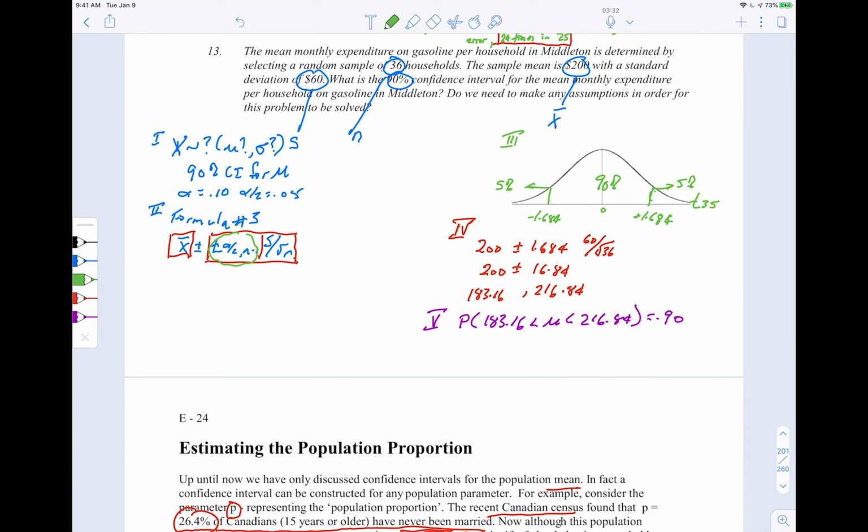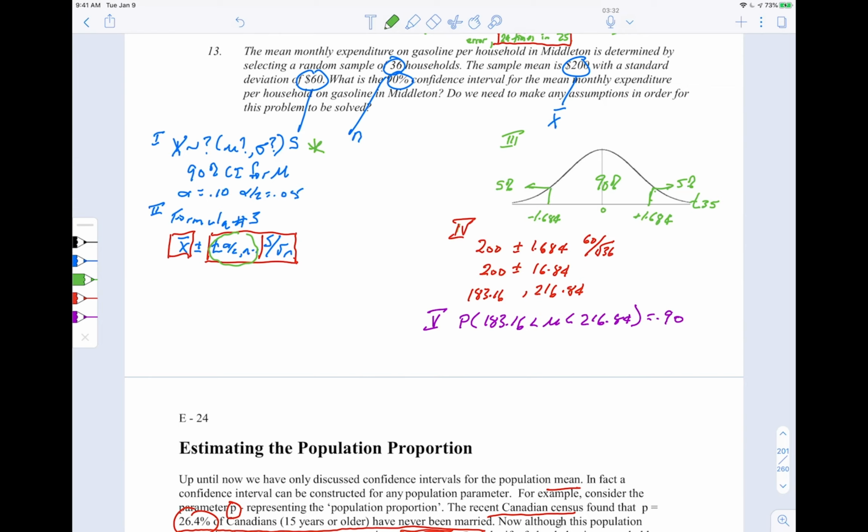So what we have here, this is actually really exciting from a stats point of view, because we know nothing about the population, and we don't need to because the central limit theorem kicks in. We'll go through that flow chart. I'm not going to do that right now because I'm focusing in on the Excel functions, but go through that flow chart and you will see that you'll end up using formula number 3 here.